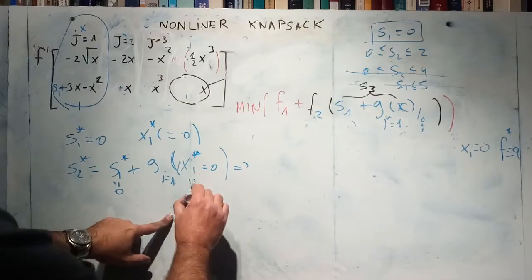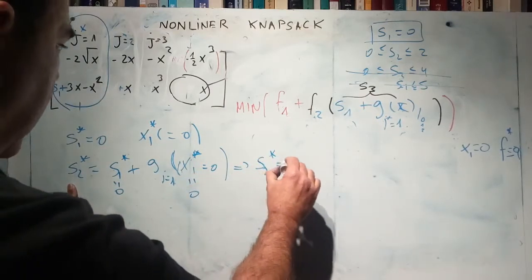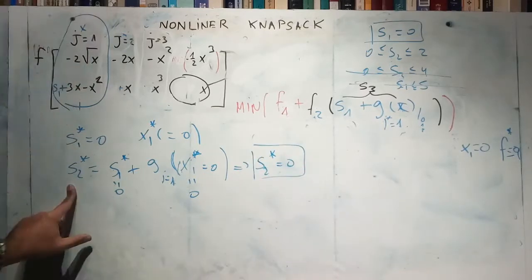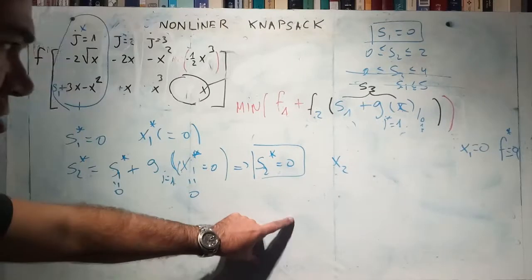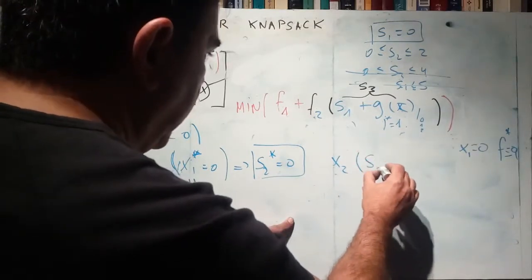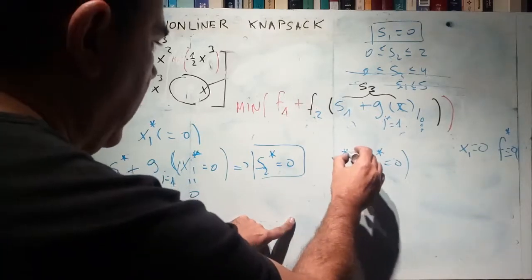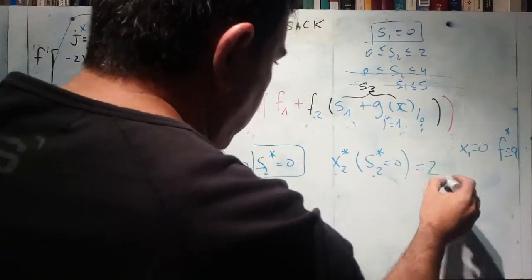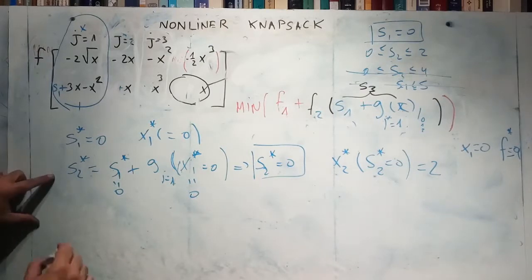As this value was 0, 0 plus 0 is 0, it means that S2 star is 0. So now looking in the second stage for the value of x2 with an S2 star of 0, the value, if you remember, looking at the tables, was 2. So we have solved the second value of the function.